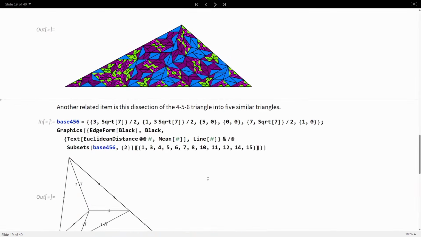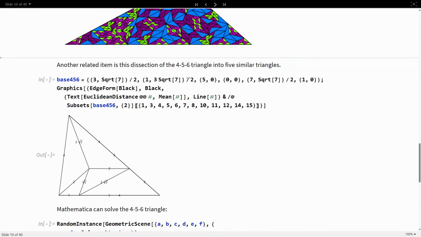Another triangle which is closely related to this is the 4, 5, 6 triangle. In fact, if you start with a 4, 5, 6 triangle and bisect both of the angles here and here, you basically automatically get this weird figure, which is all based on similar triangles.